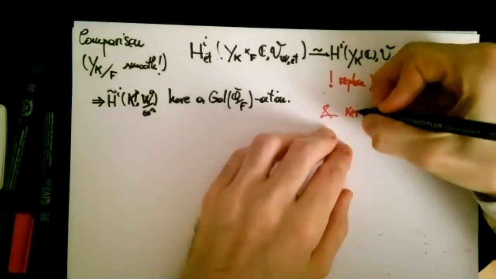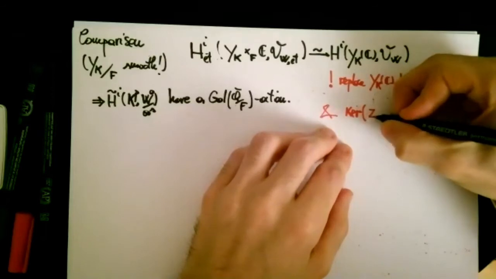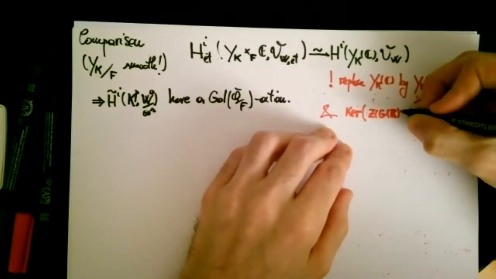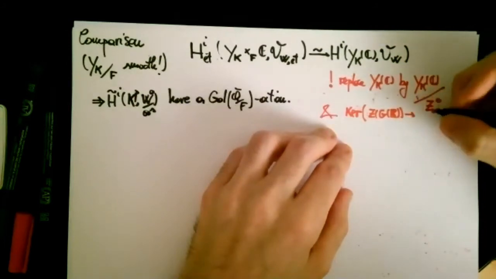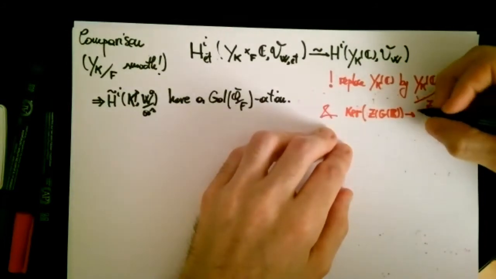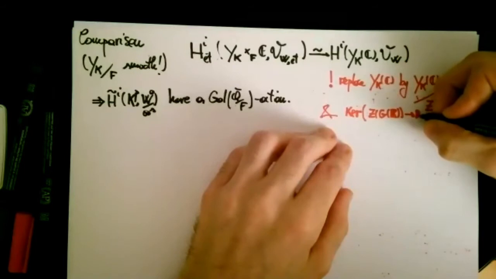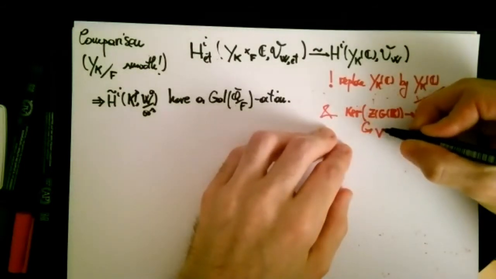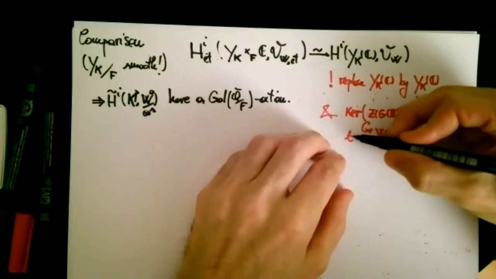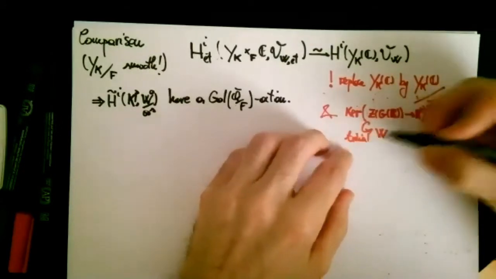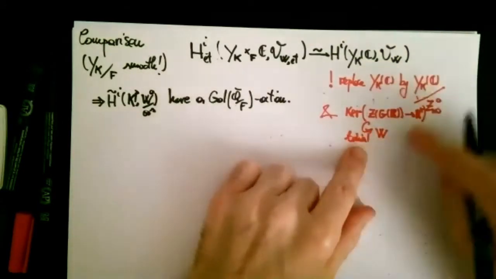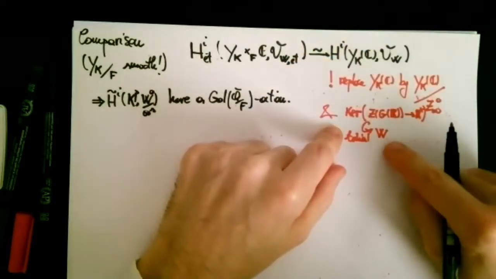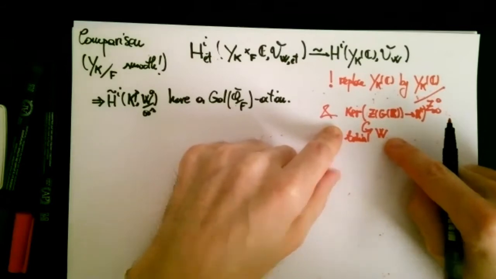So the kernel of Z_G to R star should act trivially on W. So this is just to mention that now we should be a little careful to take coefficients so that the action of this part of the center is trivial over here.